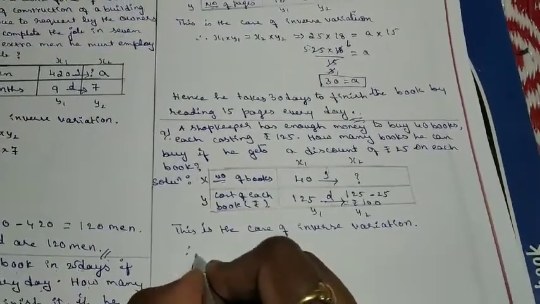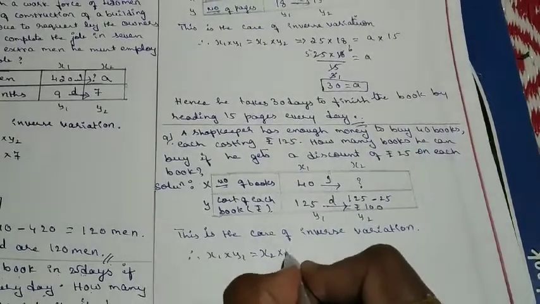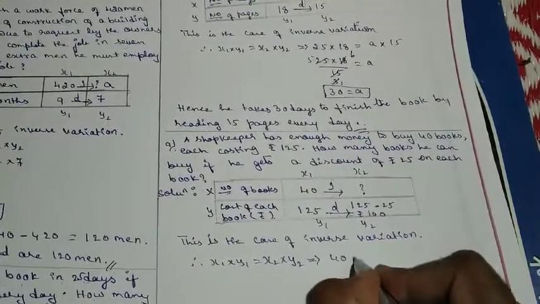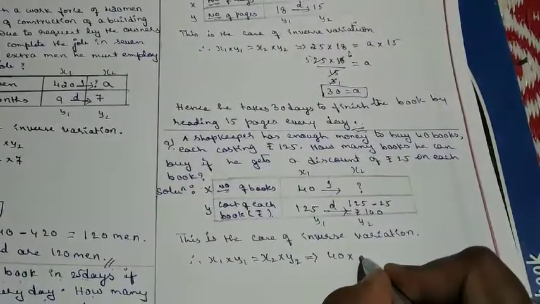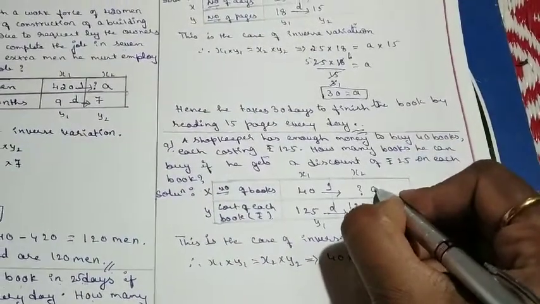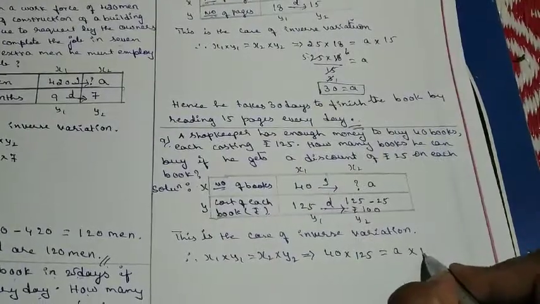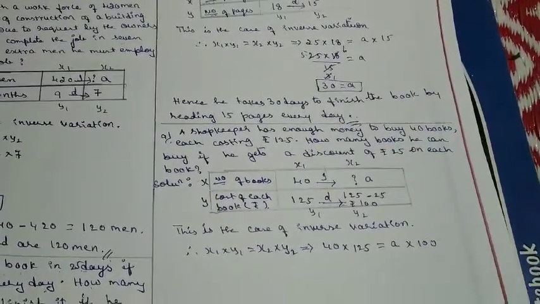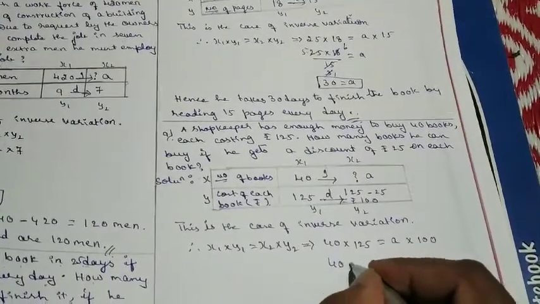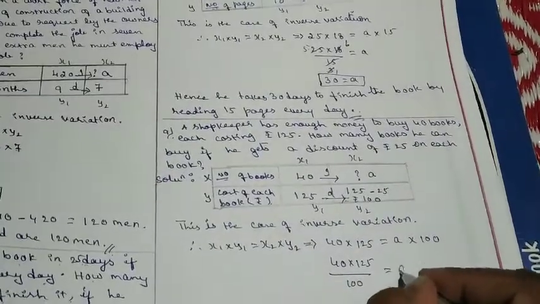Therefore, x1 into y1 equal to x2 into y2, which implies x1 is 40 into y1 is the cost of one book, that is 125, equal to x2 is unknown, so let the unknown be a here, a into y2, which is the cost of each book, 100 rupees. Then a and 100 are under multiplication, changes to division, 125 divided by 100 equal to a.